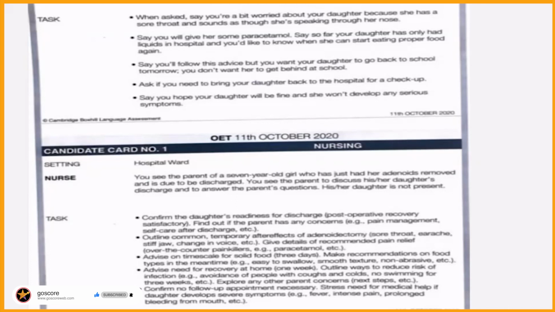So you can say, well, regarding her time period for solid food, she can start solids after 3 days.